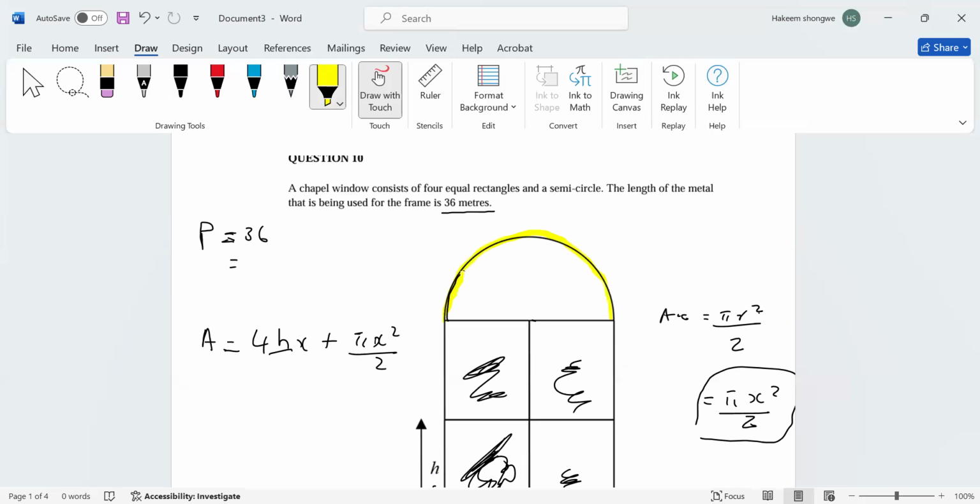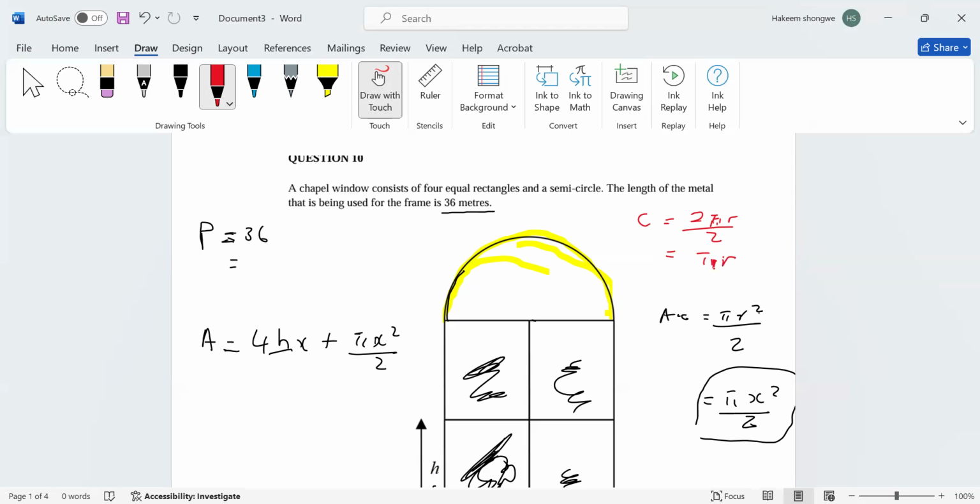And we know the side of a circle is the circumference, and the circumference is 2 pi r. But now we're not having a full circle, we're having a half circle. So we're going to divide by 2. So if we divide by 2, we're going to have pi r as our circumference. Yes, pi r.